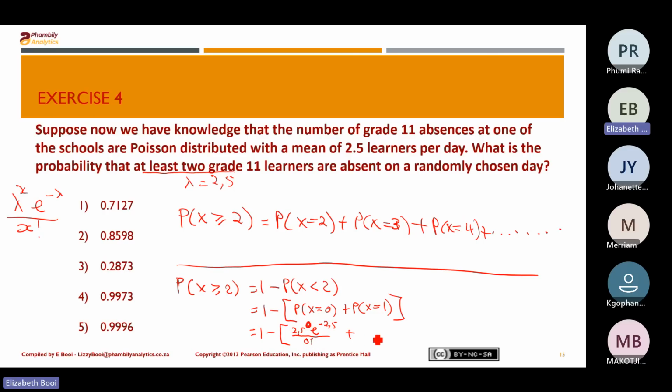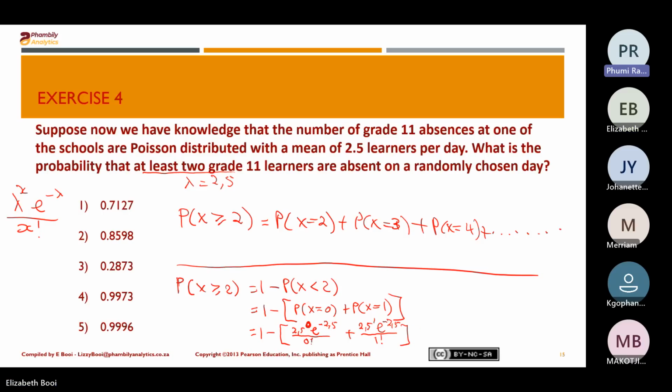Don't have enough space, plus, and then we do the same on this one: 2.5 to the power of 1, because our x here is 1, times e to the power minus 2.5, divided by 1 factorial.